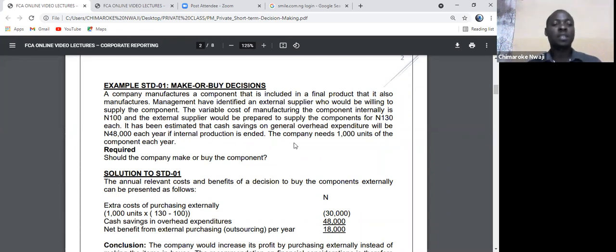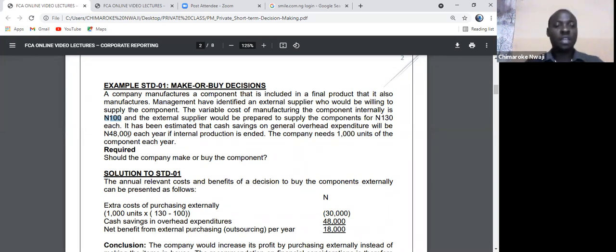So now look at the cost of purchasing the item externally. They said they are prepared to give you at 130 naira, whereas you are going to make it at 100 naira. So it means that whether you give it out to them or not, you are going to incur at least 100 naira.